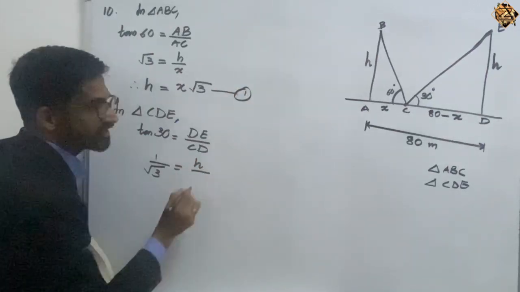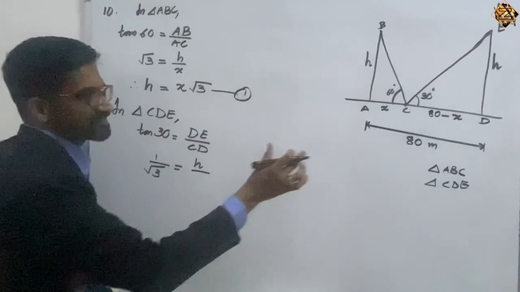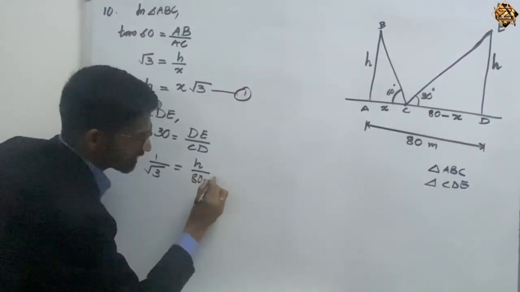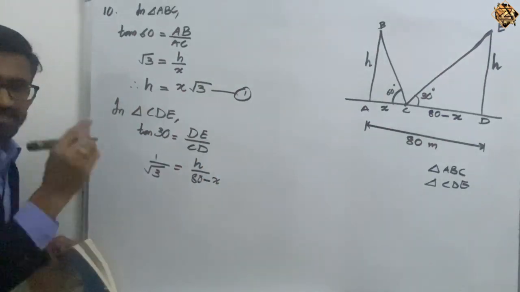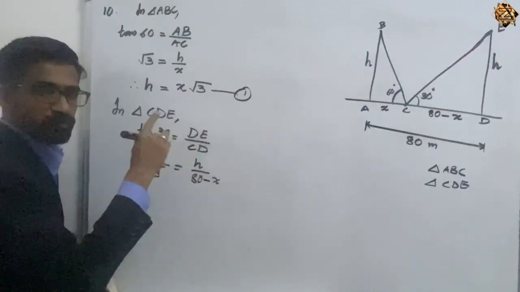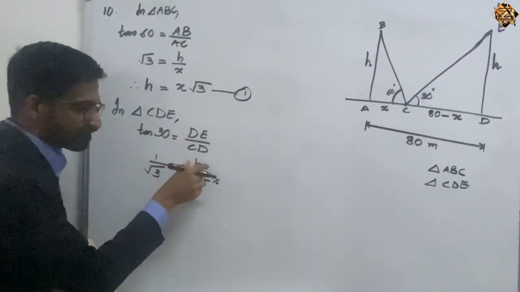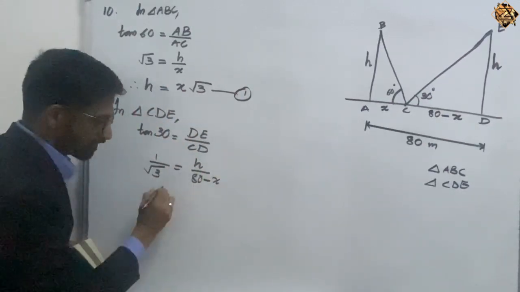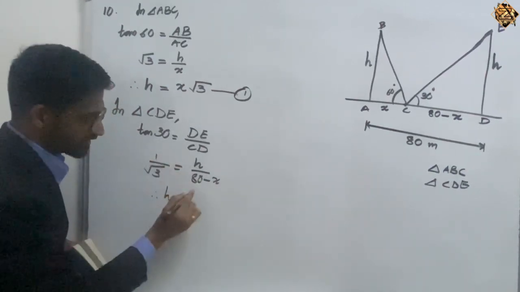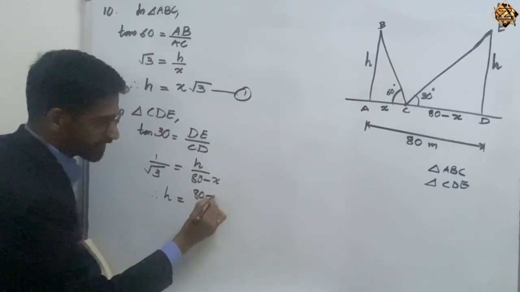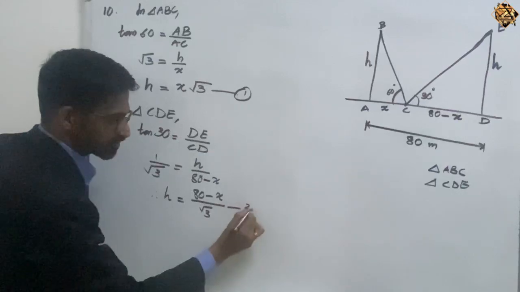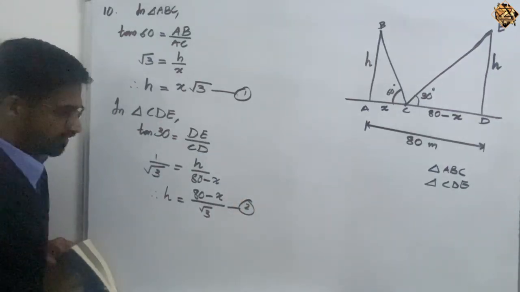So h by CD, and the length of CD is 80 minus x. From the second triangle, we have to make an equation using the common side, h. So therefore, h equal to, we'll take 80 minus x to this side, so h equal to 80 minus x by root 3. This is equation 2. Okay.